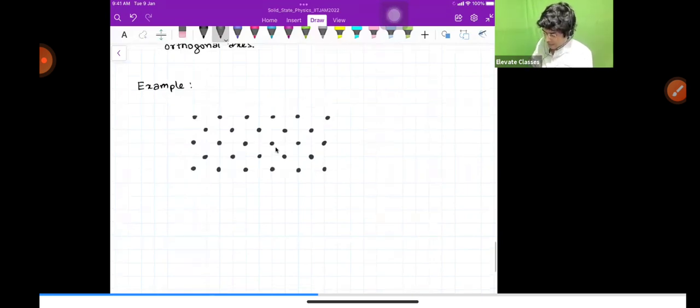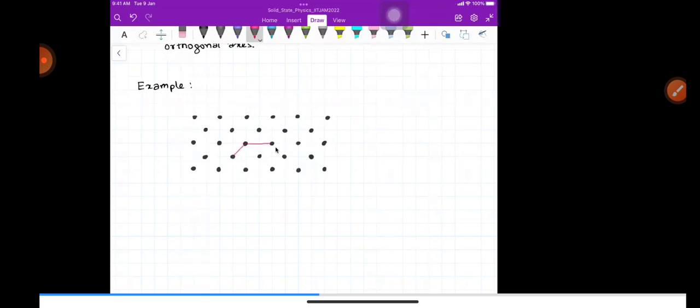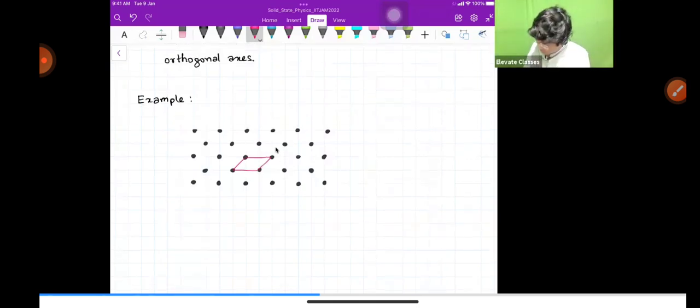All right, so these are the lattice points, and then we have the structure. One structure is this. All right, and then the other structure is this.